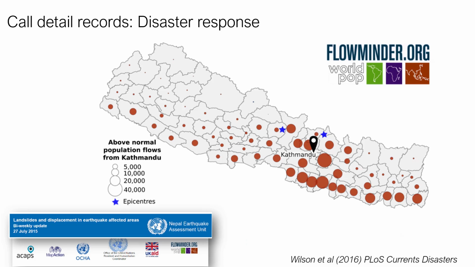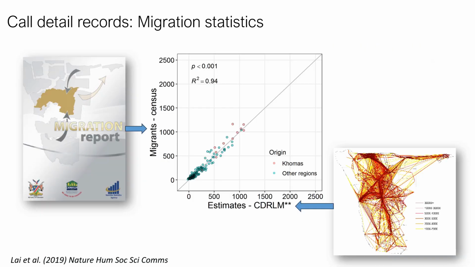So in this case, having access to those mobile phone data sets, looking at mobile movement patterns before the disaster and then seeing how the population flows have changed, enabled us to work with these different response agencies to identify which areas people had mostly been displaced to.